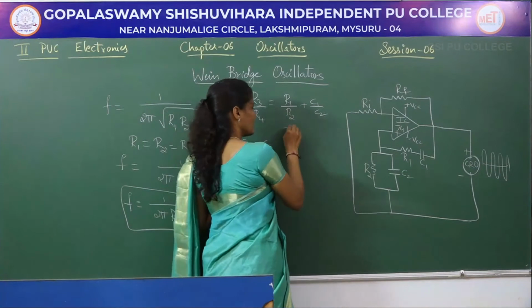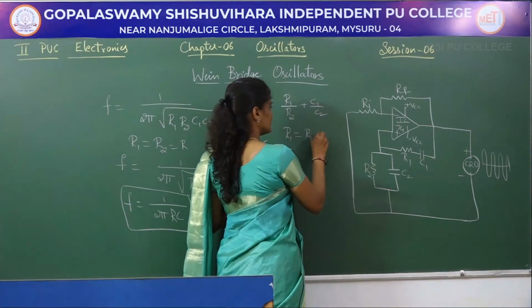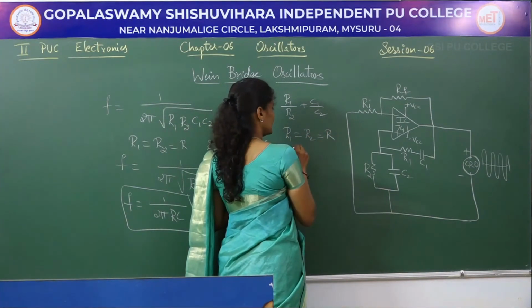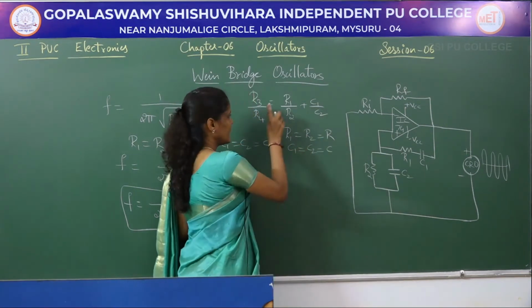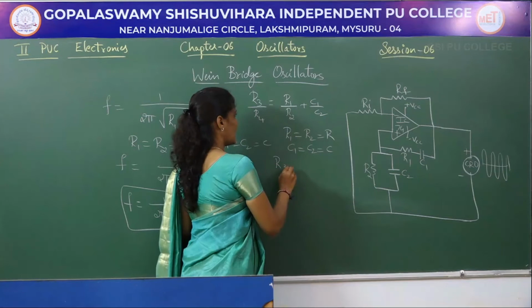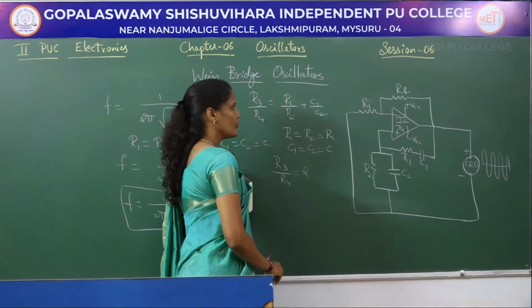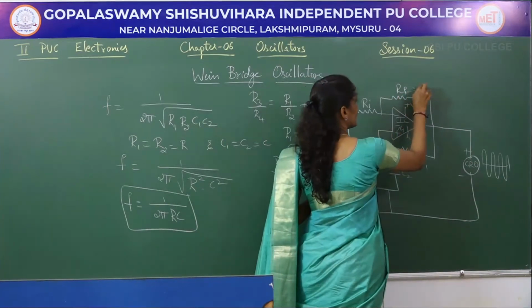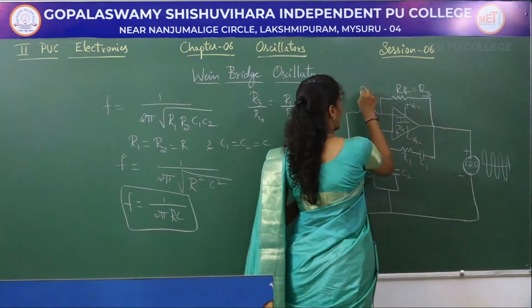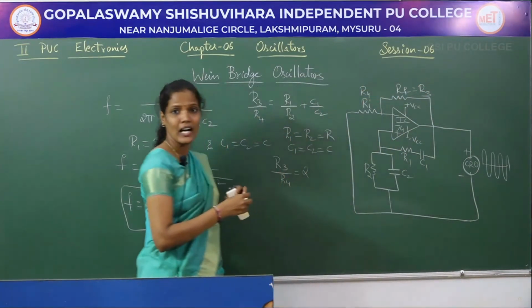But if R1 equals R2 equals R and C1 equals C2 equals C, then from this expression R3 by R4 is equal to 2, where R3 is equal to Rf and R4 is equal to Ri.